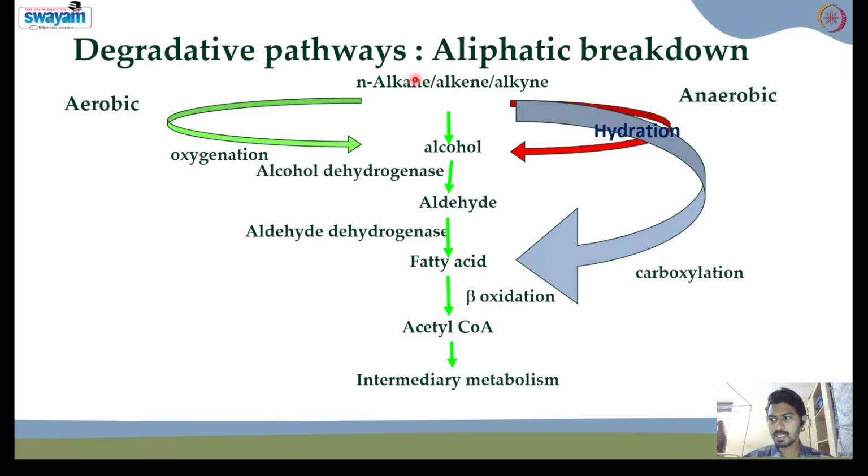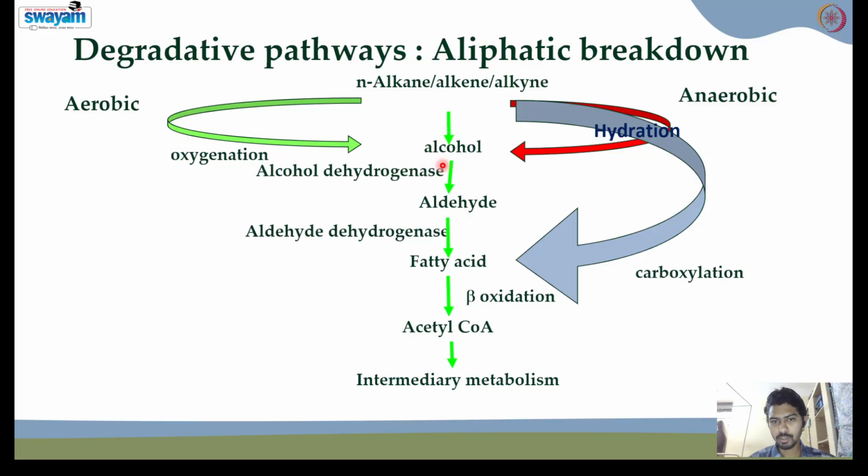The first one is the aerobic mode of degradation. And what happens here? In aerobic mode, the microorganism will utilize alkane, alkene, or alkyne by secreting the enzyme called oxygenase. So this oxygenase enzyme attacks the alkane structure and converts it into alcohol through an oxygenation reaction.